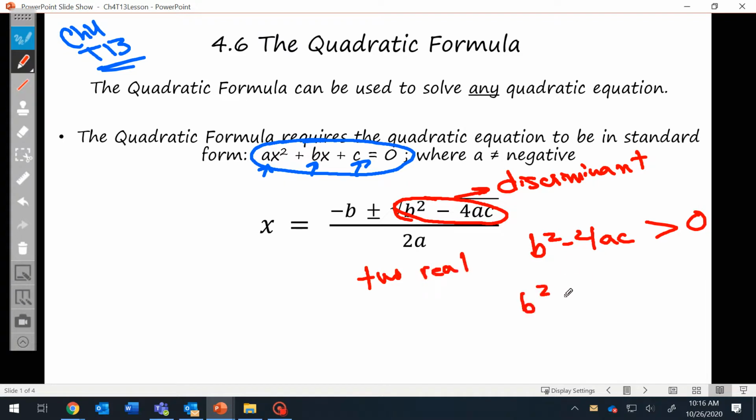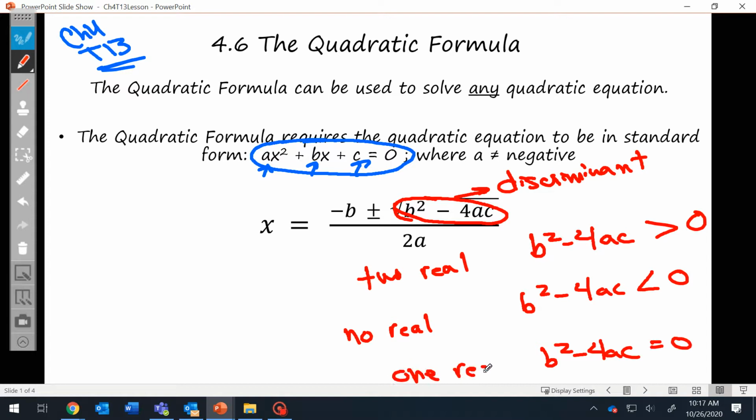And if that discriminant value is less than 0, then it will have no real solutions, which would mean both of them would be imaginary. It would have two complex solutions or two imaginary solutions. And if that is equal to 0, it will only have one real solution.